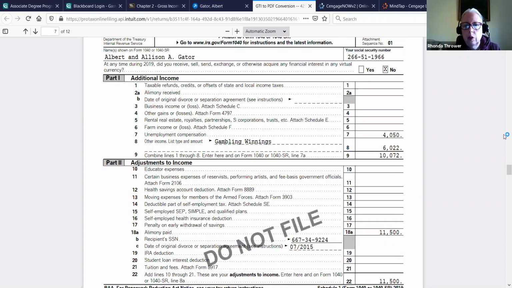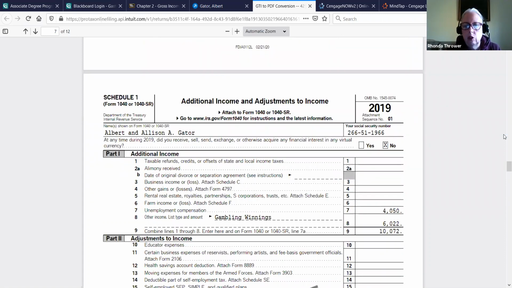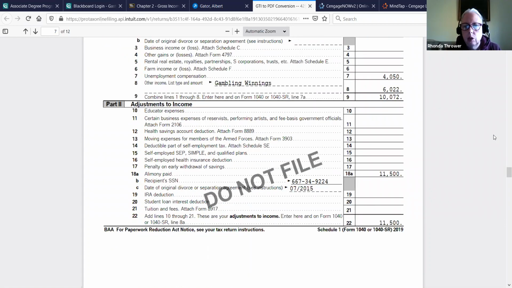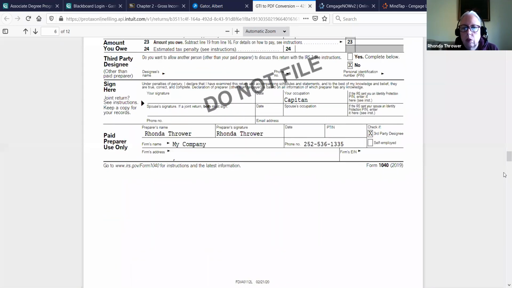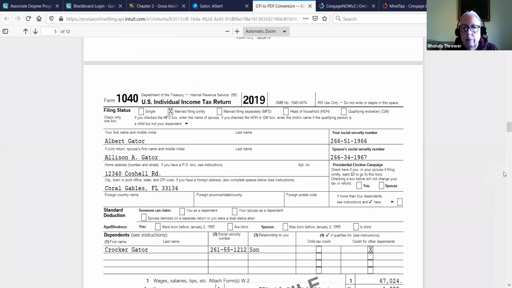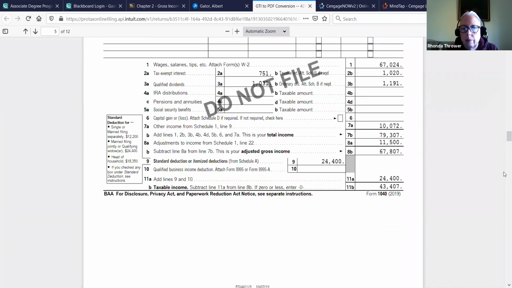Also on this same Schedule 1, additional income, adjustments to income, we would have had the alimony that Albert had to pay and the Social Security number of Iris, who he paid it to. And so that $11,500 in alimony is going to end up on line 8A of 1040. Right there is where it goes.